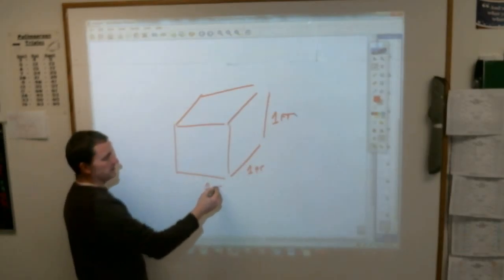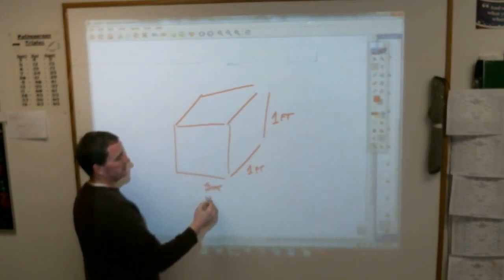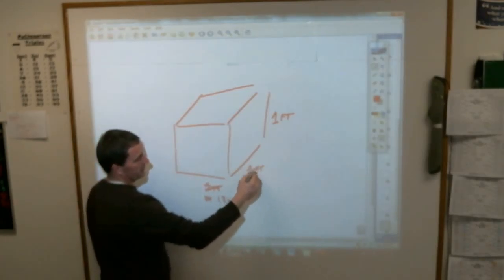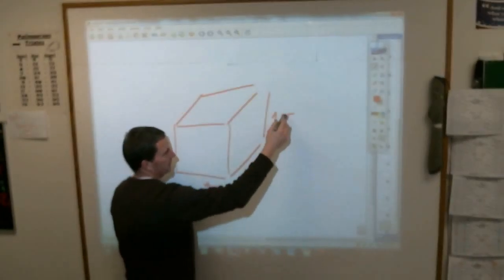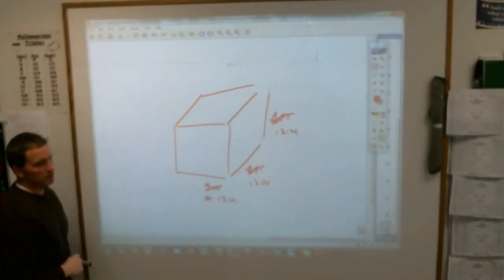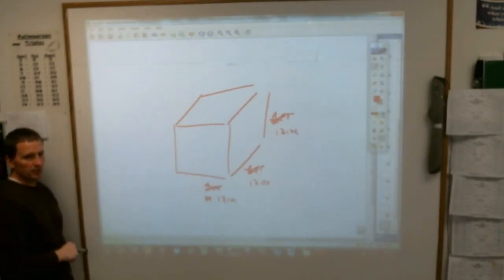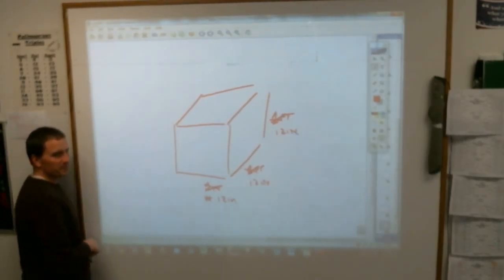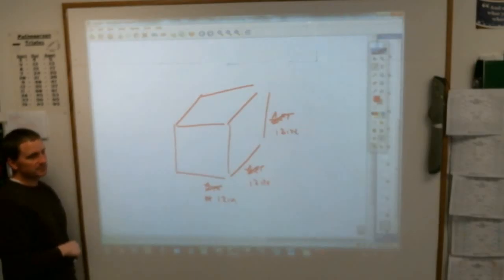So instead of saying this is a foot, you'd say this is 12 inches, this is 12 inches, and this is 12 inches. How many cubic inches would be in a cubic foot, Elijah? 36 inches. Well, unfortunately, 12 times 12 times 12 is not 36. Jaden? 160.